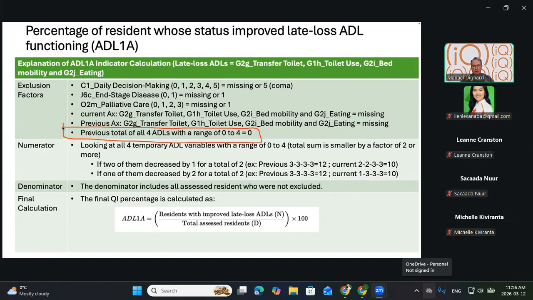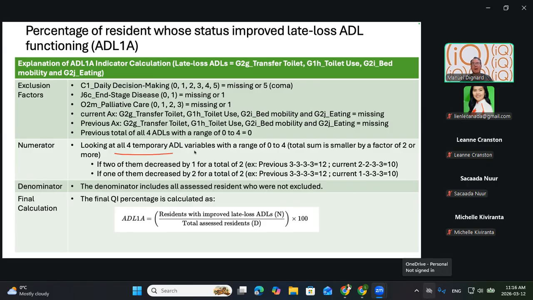In this case, they don't. For the late loss, they don't. So if your previous was 0, you were already independent, then you're not going to be part of the denominator. You are excluded. So for sure, someone who's independent in the previous assessment will not even be part of the calculation of the next one.